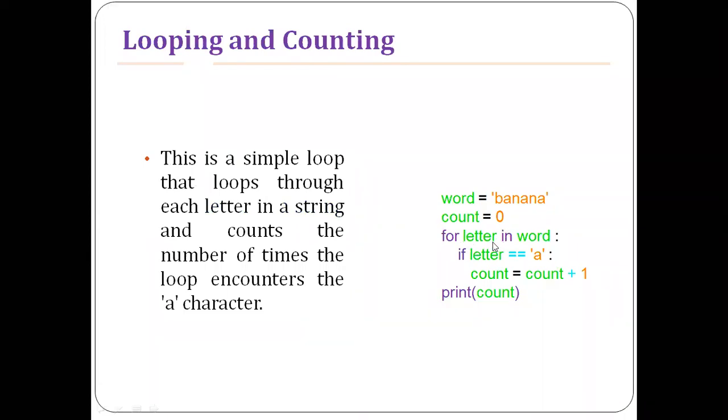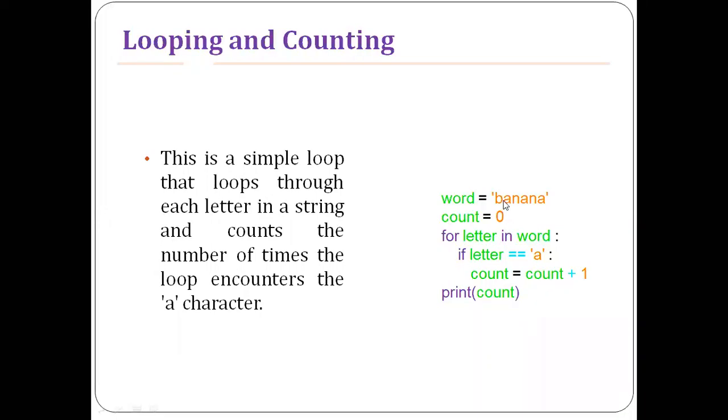And for each iteration variable in the word, you're actually counting the number of a's in the given string, right? We start the iteration variable letter. If the letter is equal to a, then we are counting it, incrementing the count as count is equal to count plus 1, right?